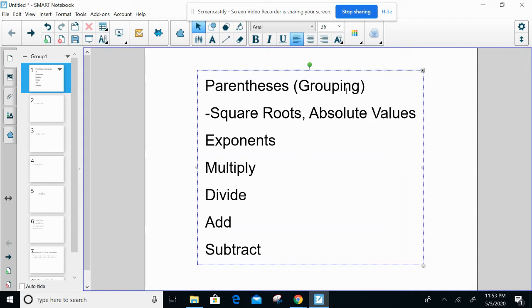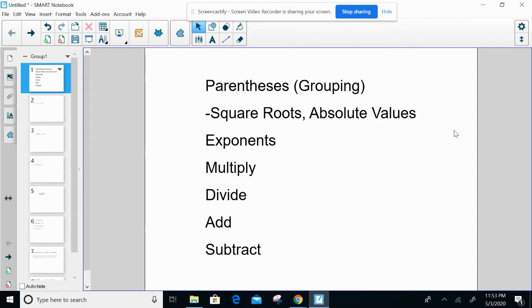I don't know if you want to screenshot this, pause it while you're doing the problems, but the order is parentheses or grouping, then exponents, then multiplication and division. And like I said, these two kind of go together, and the addition and subtraction go together, as in you don't have to do them in the order of multiplication, division, addition, and subtraction, but you do need to do the multiplication and division before addition and subtraction. And when it comes to addition and subtraction at the end, you're just going to go right down the line.